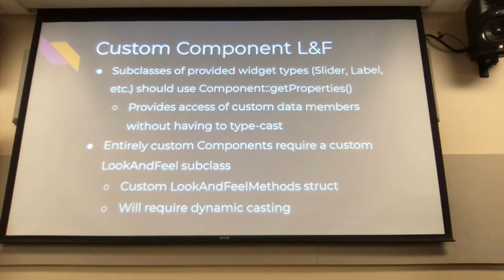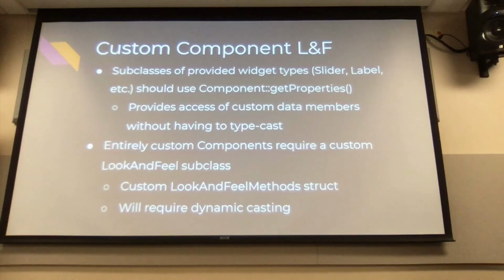So it gets kind of tricky if I have these subclasses of JUCE widgets, but I want to use them with my look and feel, and I added some fields to the slider. Now it has some other kind of data member, and I want to be able to access that from my look and feel.